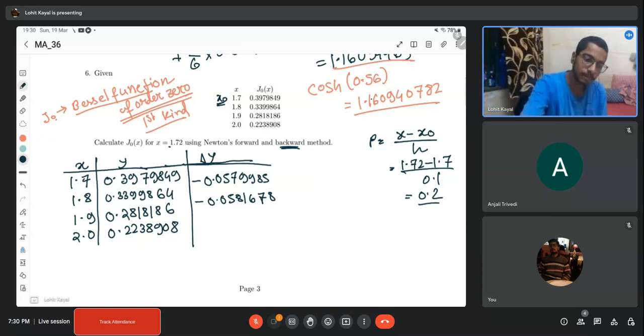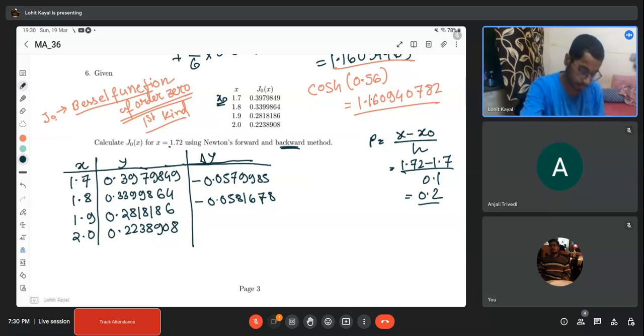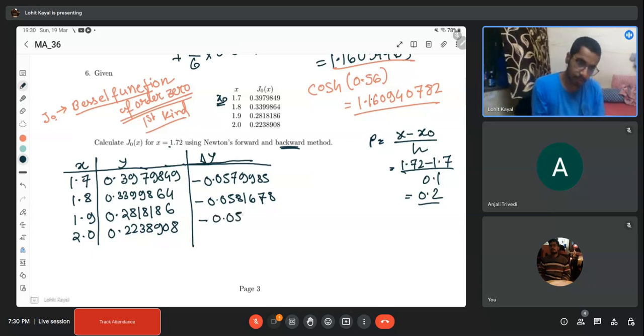Then 0.2238908 minus 0.2818186 is also minus 0.0579278.